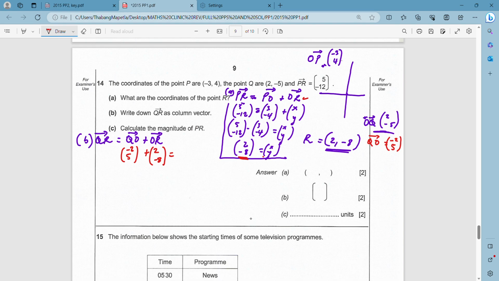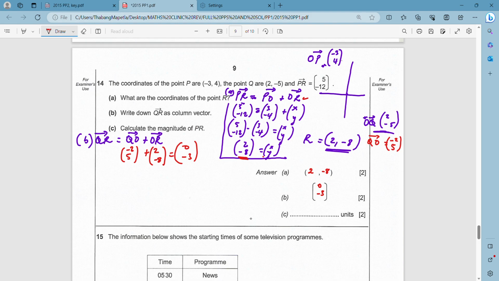And then you're going to have -2 plus 2 is 0. 5 plus -8 is -3. Oh sorry, I did not write our answers in our answers page. So this is 2, -8, and then this is going to be 0, -3. Yeah, that's pretty much it. And then number C, they ask us to calculate the magnitude of PR.